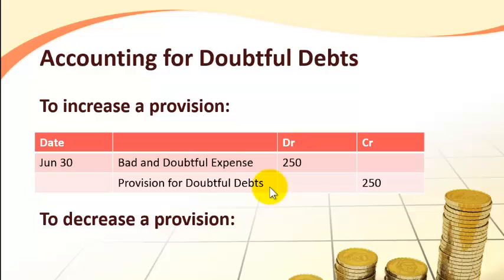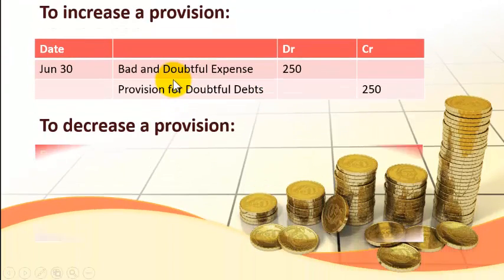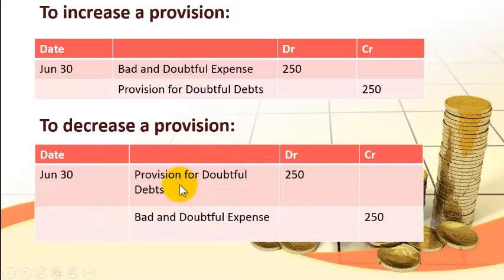If we want to decrease the provision, we need to go the opposite way: we're going to debit provision for doubtful debts and credit bad and doubtful debts expense. There'll be an example that I will show you later in a future clip to show you exactly the dynamics of how creating a provision works and how it affects the doubtful debts expense account and also the accounts receivable control account.